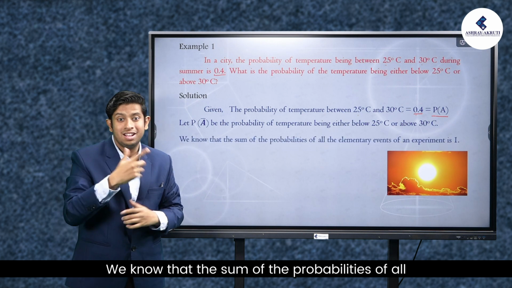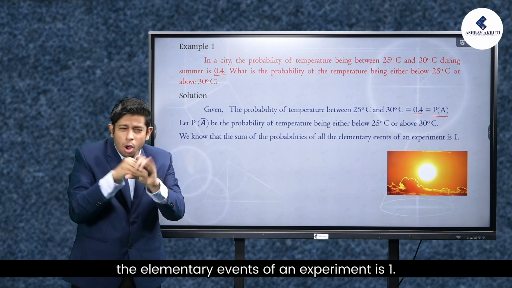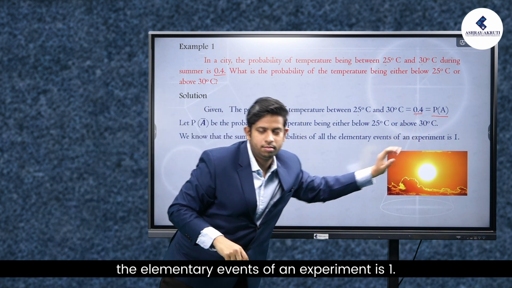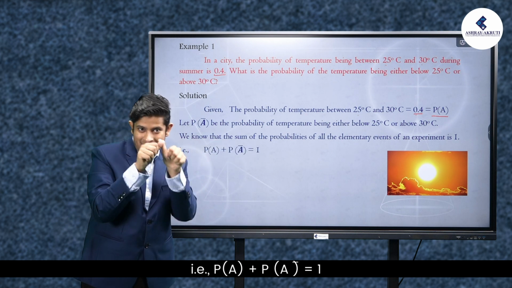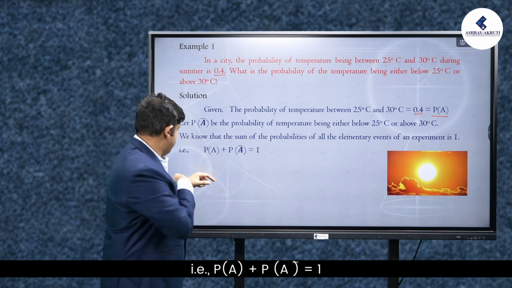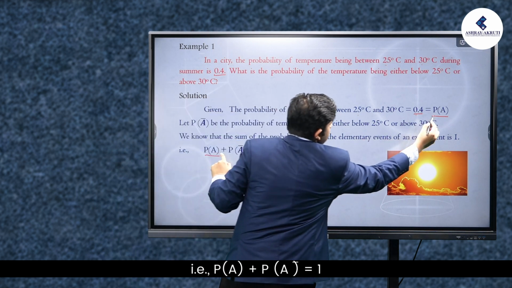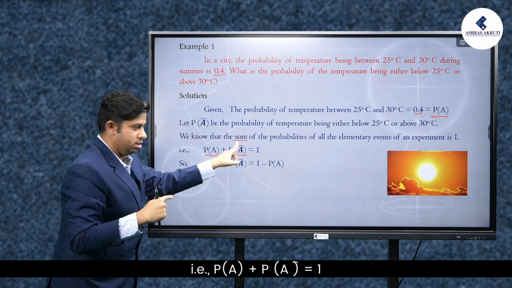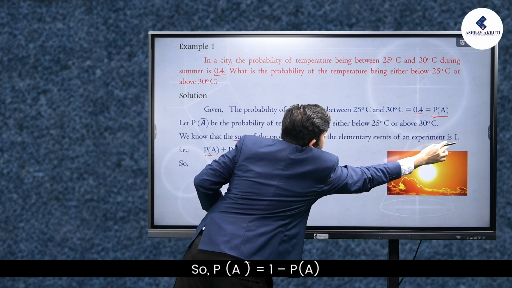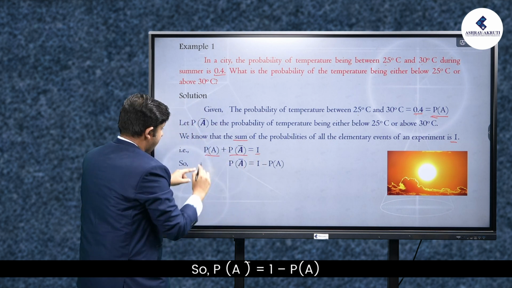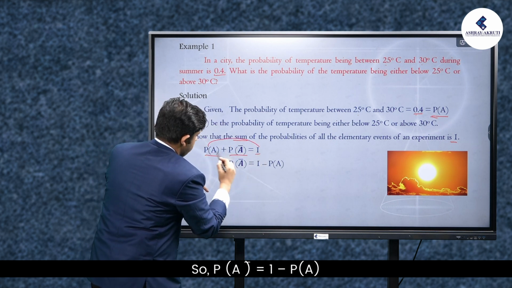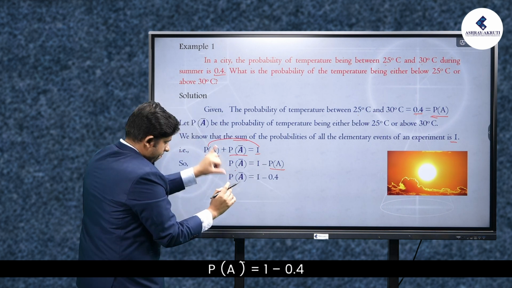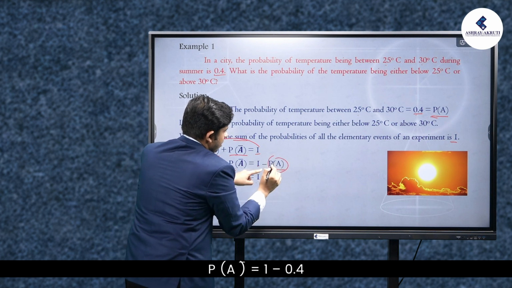We know that the sum of the probabilities of all the elementary events of an experiment is 1. That is, P(A) plus P(A') is equal to 1. So, P(A') is equal to 1 minus P(A). P(A') is equal to 1 minus 0.4.